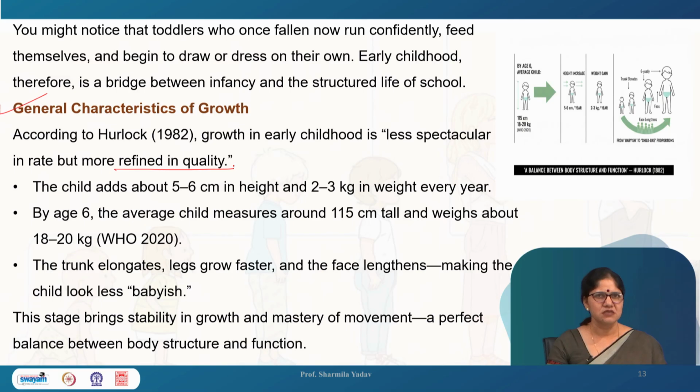By age 6, the average child measures around 115 centimeters tall and weighs about 18 to 20 kg as per the WHO 2020. The trunk elongates, legs grow faster and the face lengthens, making the child look less babyish. This stage brings stability in growth and mastery of movement, a perfect balance between body structure and function.